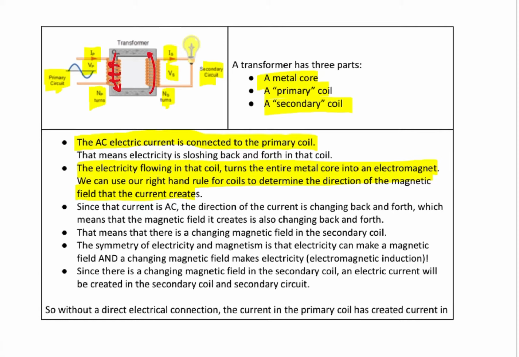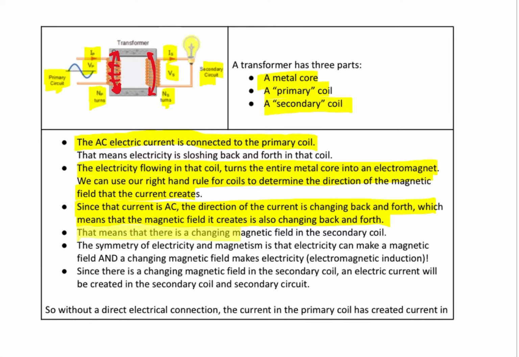The bottom line is, as the primary circuit's current flip-flops from direction to direction, it creates a magnetic field that one split second is pointed down, the next split second it's pointing up. That creates a magnetic field over on the secondary side that's flipping. If one split second it's pointing up, when the primary changes, the next split second it's pointing down. So basically, the alternating current, since it's sloshing back and forth, is creating a magnetic field that's also changing back and forth.